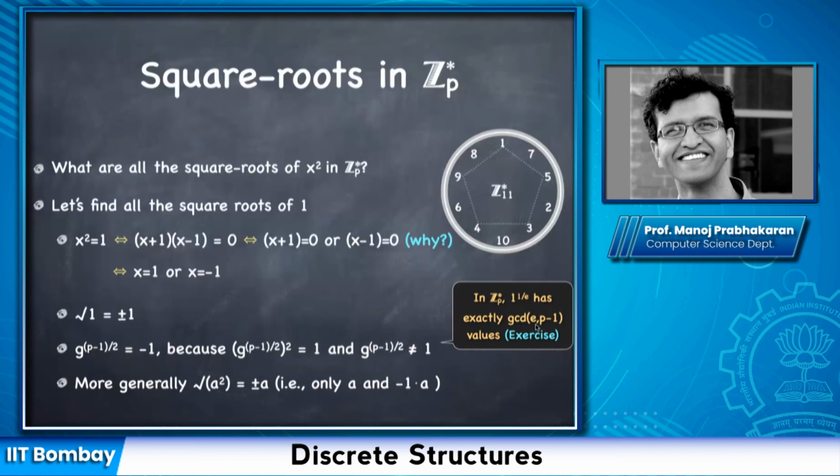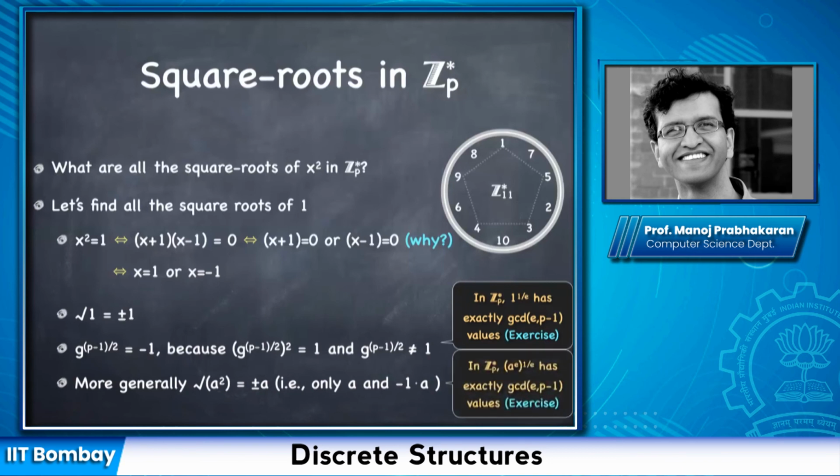But when it is not unique, this is the number of distinct eth roots of 1 that you'll get. And you can prove this by considering what's happening modulo p minus 1 in the exponent. Okay, all right, so that's for 1.